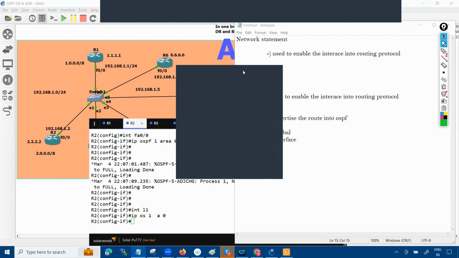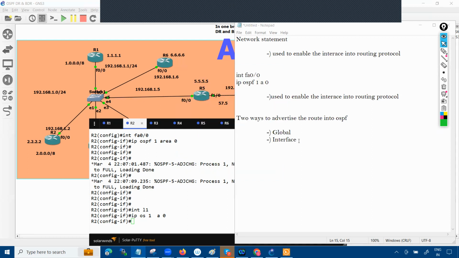No, there's no advantage. From the CCIE lab perspective, they will dictate whether you have to use the network statement or the OSPF interface command. If they dictate the interface level and you mistakenly configure the global level, then you will fail in the exam. Otherwise, there's no other difference.